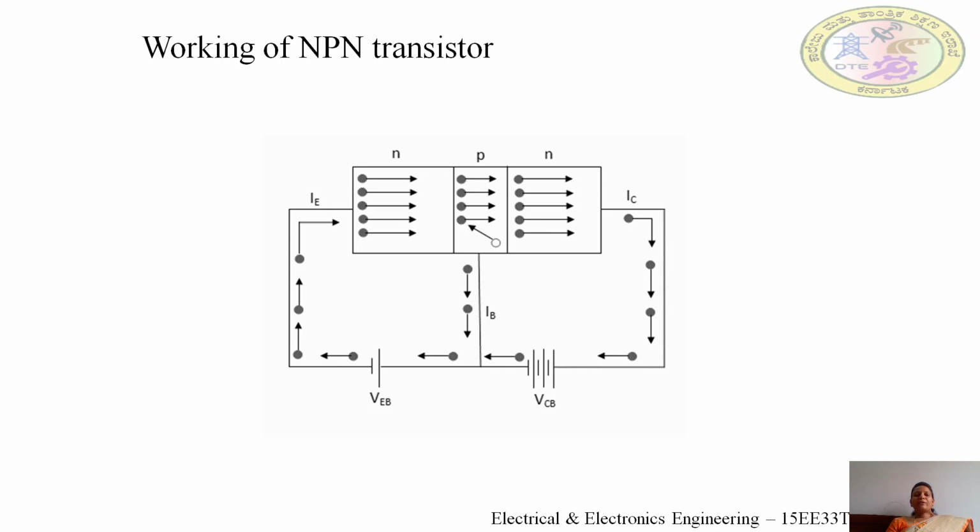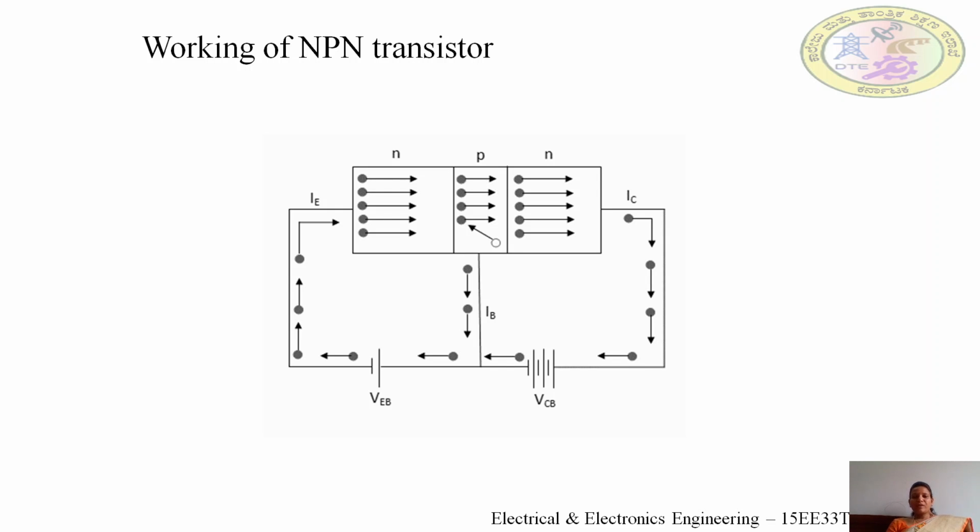So the flow of electrons in the emitter section give rise to the current, emitter current. These electrons, when they get into the base region, as the base region is very narrow, only few electrons will combine with the holes. The remaining electrons will pass on to the collector. So when in the base region the electrons recombine with the holes, they become valence electrons.